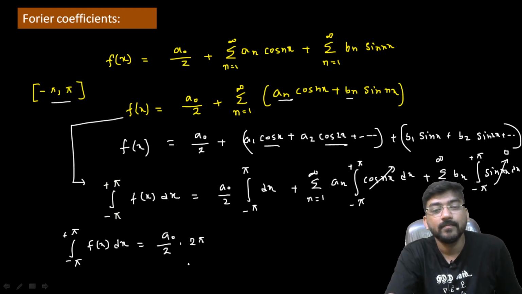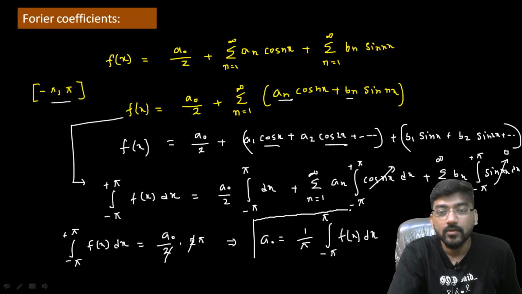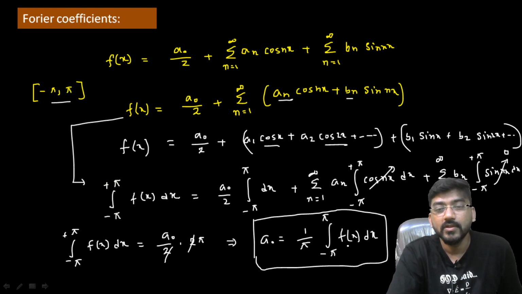So this 2 will be cancelled out, and we will have a0 is equal to 1 by pi integration minus pi to pi f of x dx. So this is one of the Fourier coefficients, a0. Now we have to find an and bn also, so let me find these also.